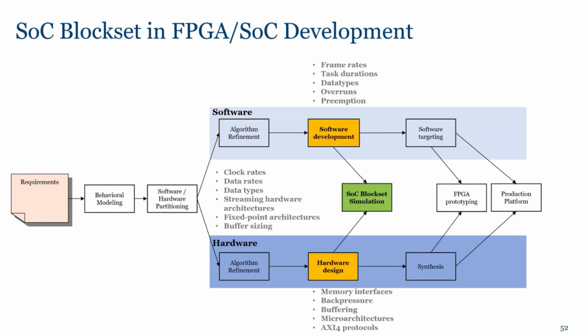That's why with SoC Blockset, we believe that Simulink models can incorporate the effects of the hardware and software architecture very early in the process, along with the algorithm, right? Through simulation, both teams can start evaluating hardware and software at the model level in Simulink, before going to the FPGA and SoC development phase.